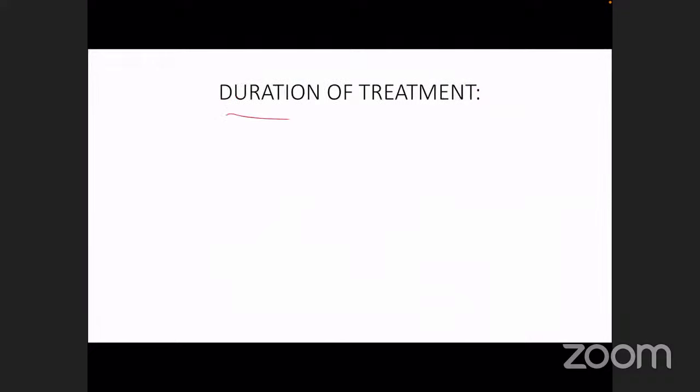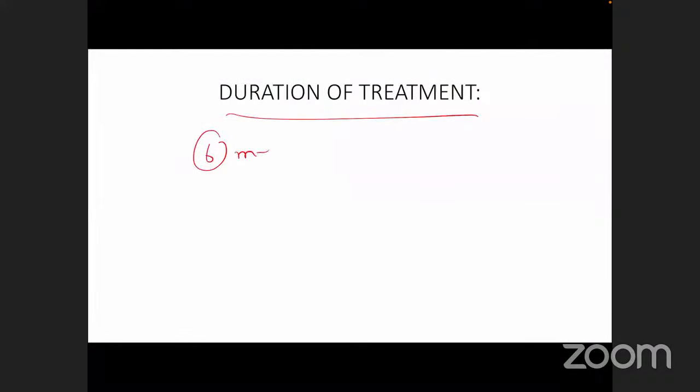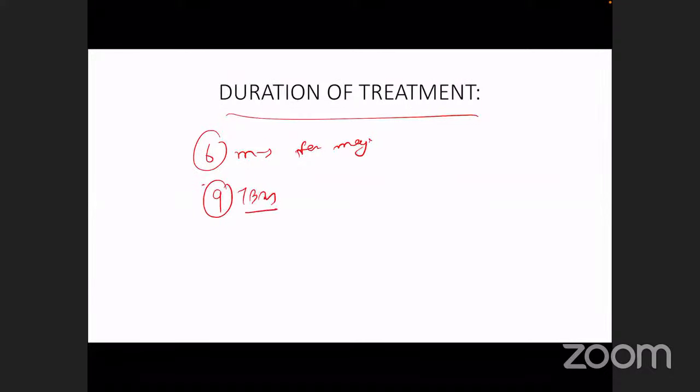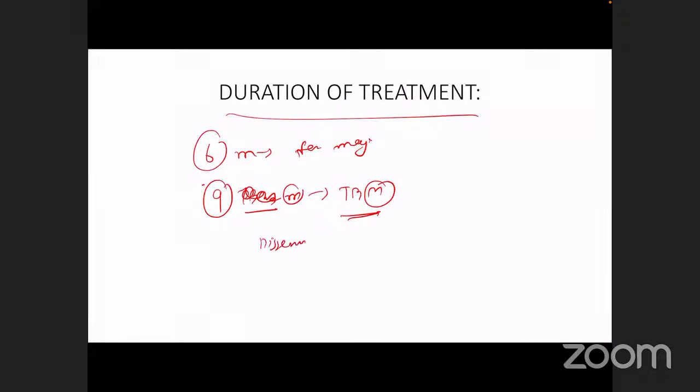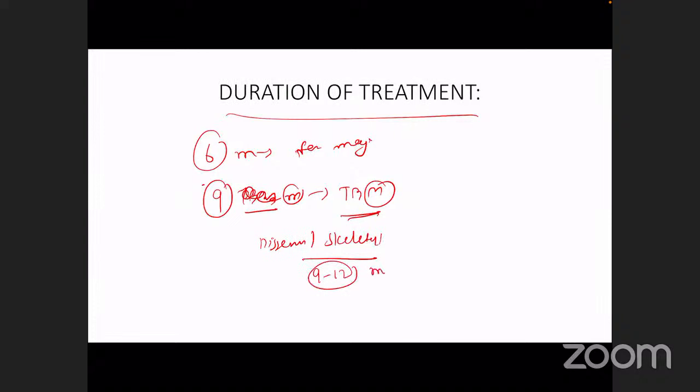Now, duration of treatment, I just told you it is 6 months for majority, except for TB meningitis, it is 9 months. It is 9 months for TB meningitis. And see, this is very important to understand. For disseminated, for skeletal TB, you may extend the treatment up to, I would say, 9 to 12 months.